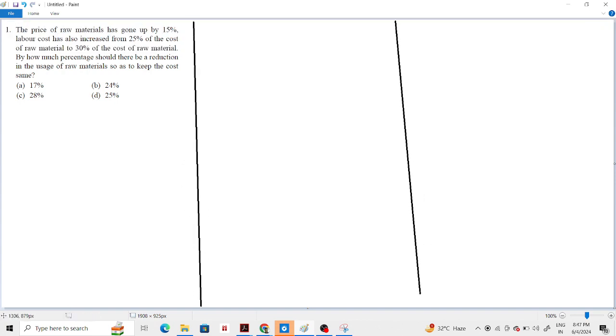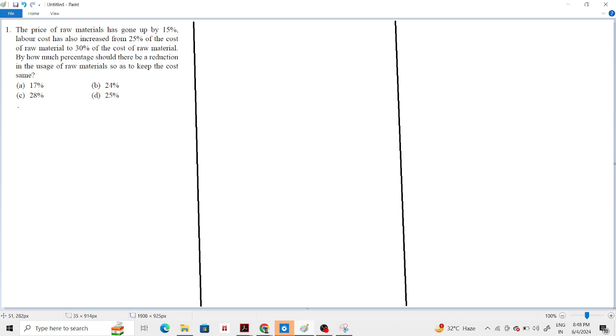Dividing this page into two parts. Okay. So the price of the raw material has gone up by 15% of the labor cost. Okay. So first of all, take me all the initial things. Initial. So price of the raw material.